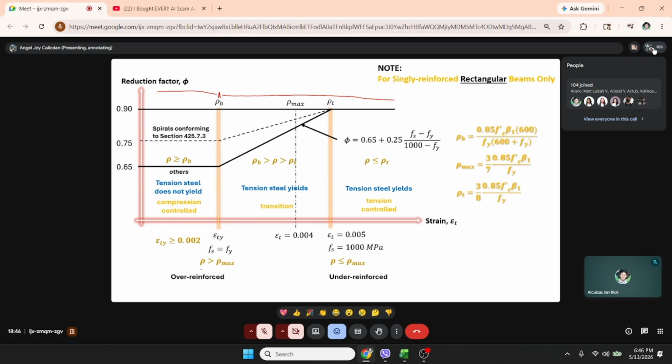So, we also have here over-reinforced or under-reinforced. What do you think ang mas safe? Over-reinforced ba na beam or under-reinforced?